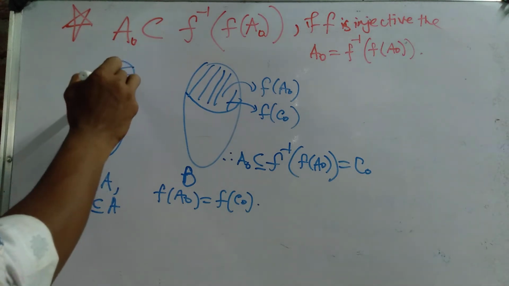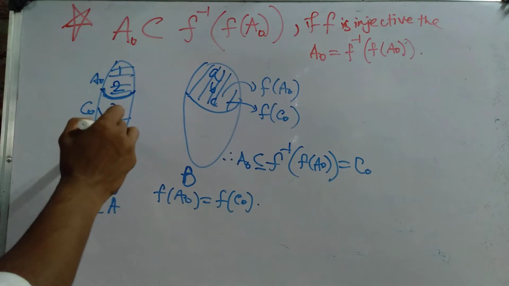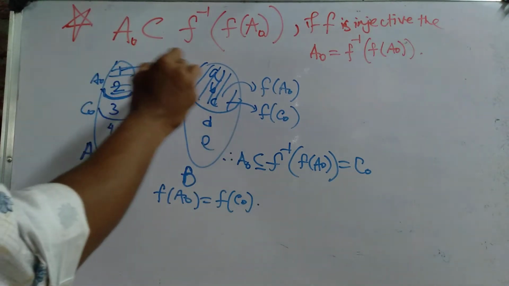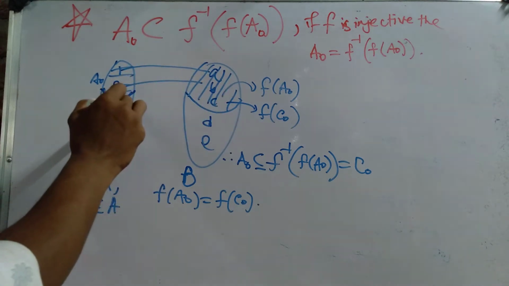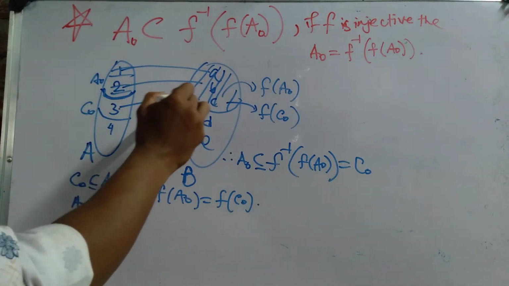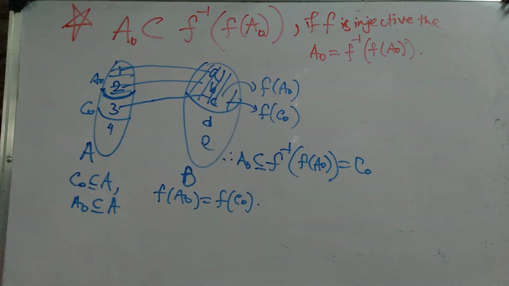Here we construct 1, 2, 3, and here we construct a, b, c, 4, d, e, then 1 goes to this, 2 goes to this, 3 obviously to this.